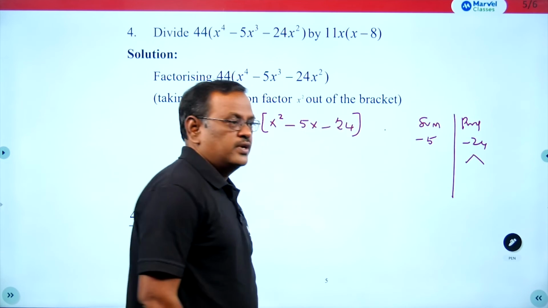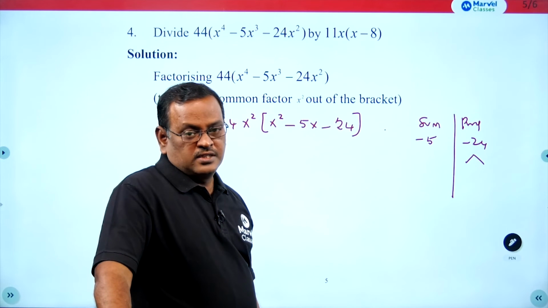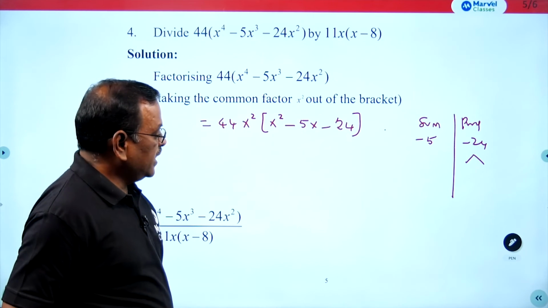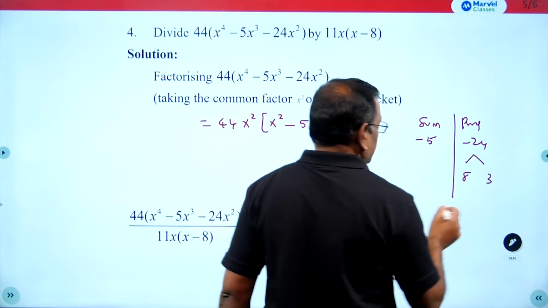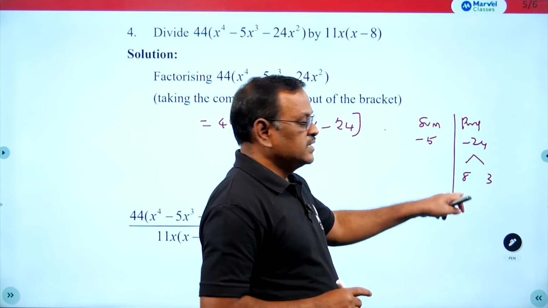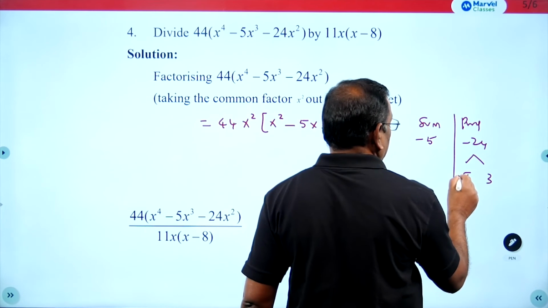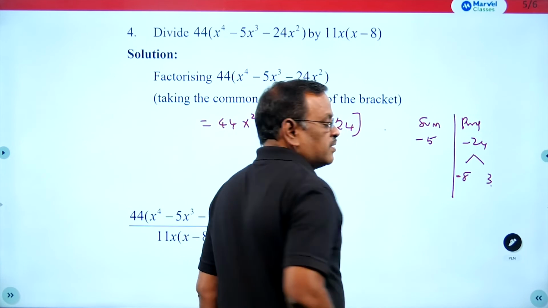Factorize minus 24 into two factors whose sum is minus 5. 12 and 2 are not possible, 3 and 8 are. As you know the technique, the larger factor takes the sign of the sum, so minus 8. Now check: minus 8 into 3 is minus 24, and minus 8 plus 3 is minus 5.